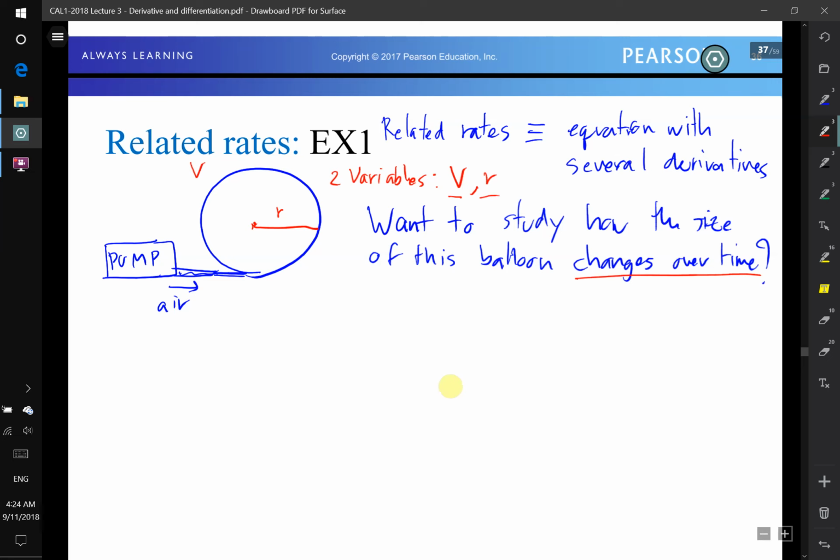So in the end, we want to see the change of V with respect to time, and the change of R, the radius, with respect to time.